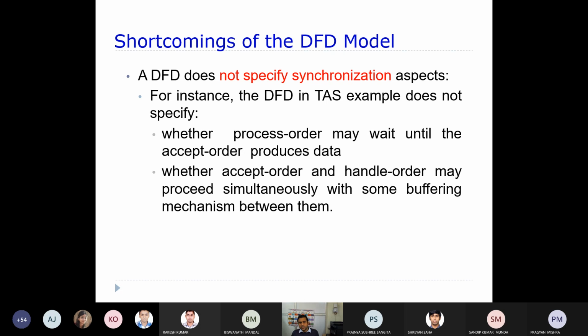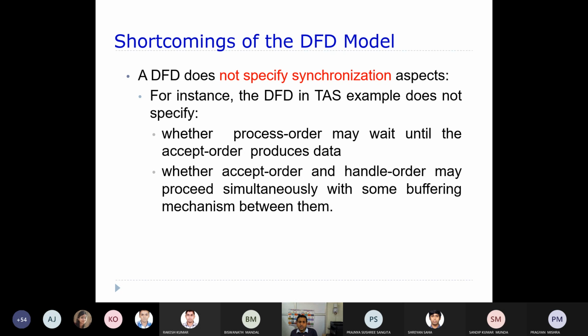I mean you can say like this. Whenever there are orders coming, even if you cannot handle them at this point of time, you may accept those orders and store them, and later on you can handle them one by one, okay.